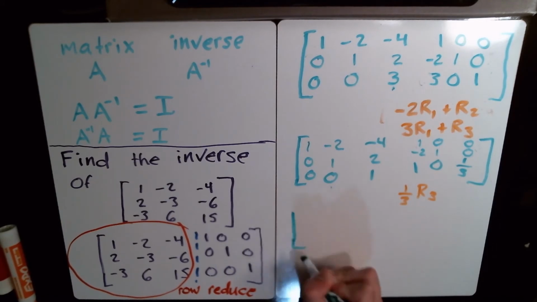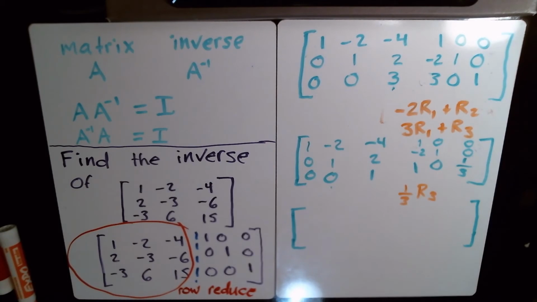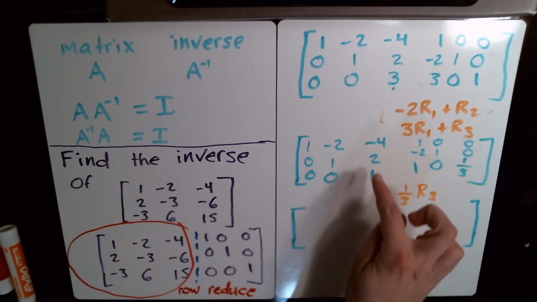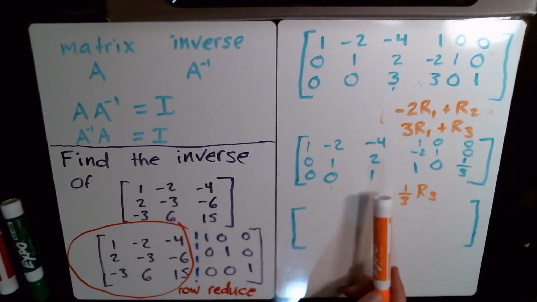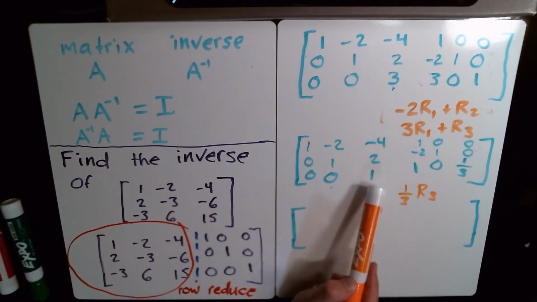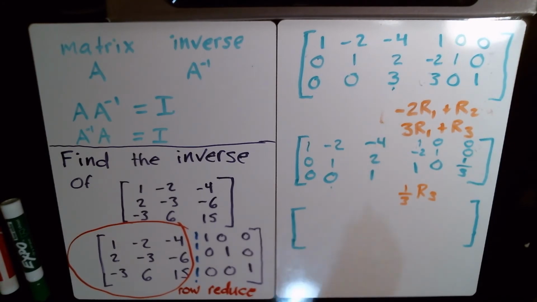So to do that, let's draw in some brackets here. So to get these 2 spots to be 0 above this 1, we need to times this by -2 and then add it up here to get rid of that one. So I'll do -2 times row 3, and I'll add it to row 2. And then I will also need to get rid of this -4 up here.